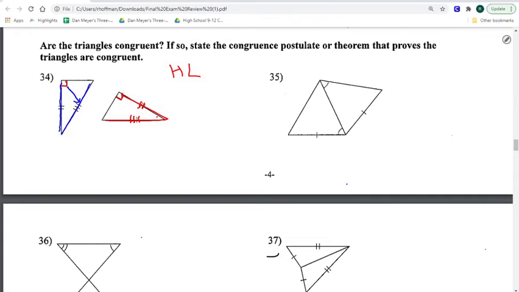On 35, I know that I have this common side here by the reflexive property. Don't forget about those. And this time, here's two sides. Here's the angle included between them.